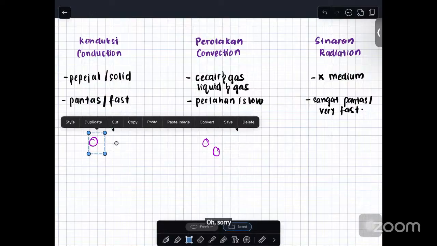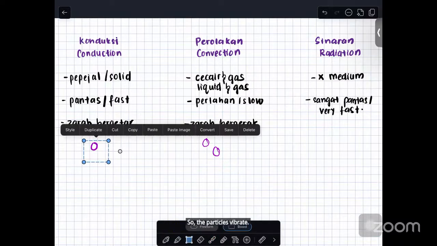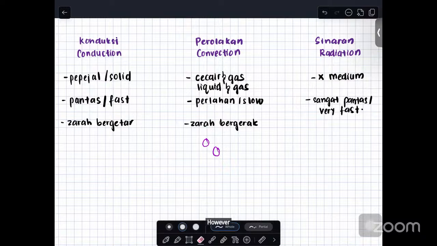Oh, sorry. The particles, for conduction, it will vibrate at the same place. Because it happens in solid, right? So, your solid will never move. So, the particles vibrate. However, for your convection, it happens in your cecair and also your gas, your liquid and also gas.